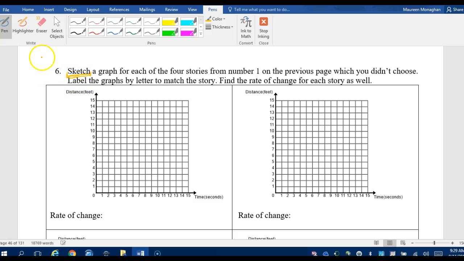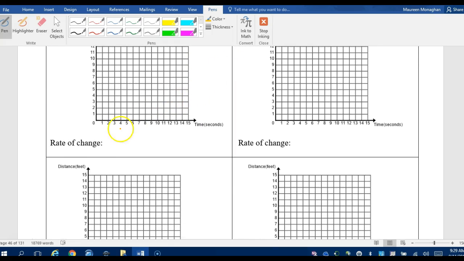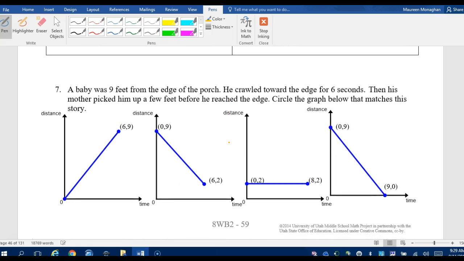I want you to label the points, and you have to label the story. So let's just say this is story A, this is going to be B, and then D and E on these next ones. Okay? So this is something for you to finish. D and E.